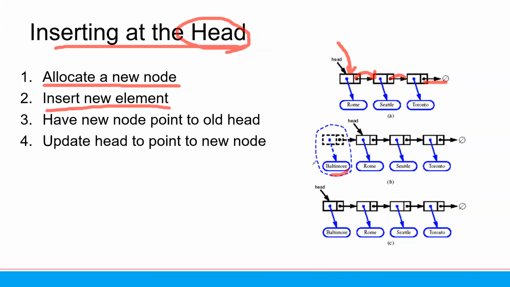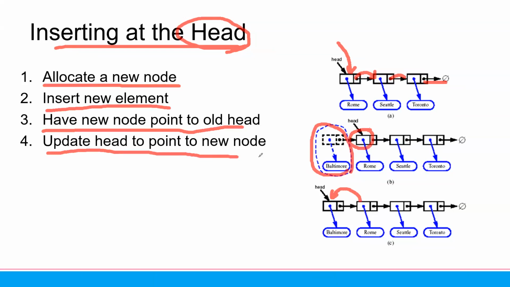So the element will be inserted before the head, and then we will have a new node pointing to the old head. So this is the old head, and now this is the node for being the head. So we need to update the head to point to the new node.